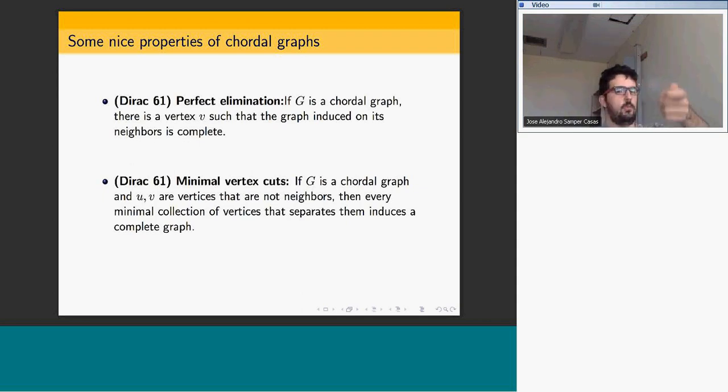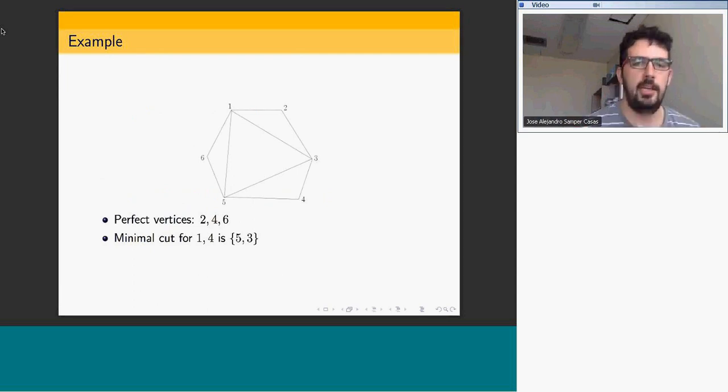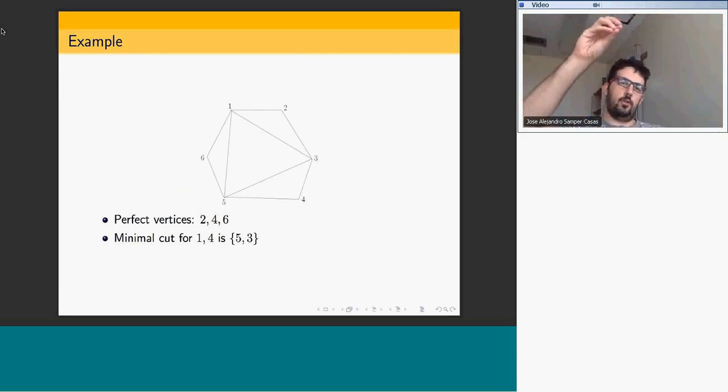So you can reduce the graph by removing one vertex at a time, and the vertex that you're removing only sees a clique at every step of the removal.